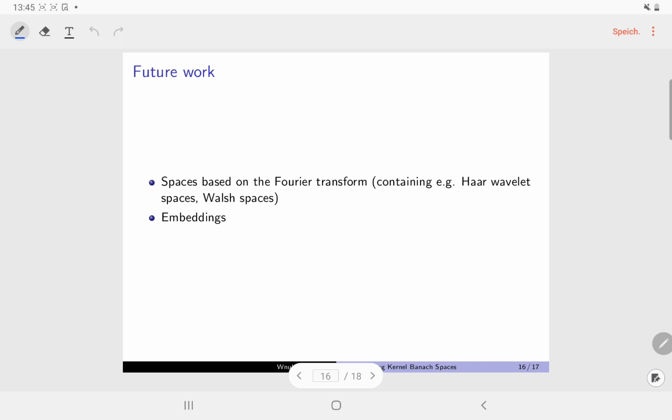So function spaces which are not induced by integral kernel, and those are function spaces based on Fourier transforms, containing, for example, Haar wavelets spaces or Walsh spaces. And then one would like somehow to connect them via embeddings to the spaces which were discussed just before.